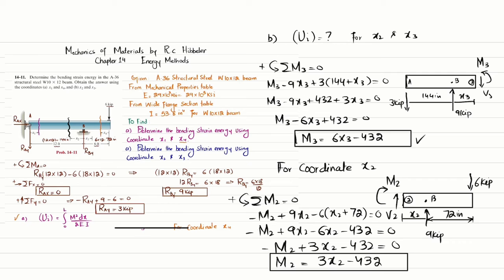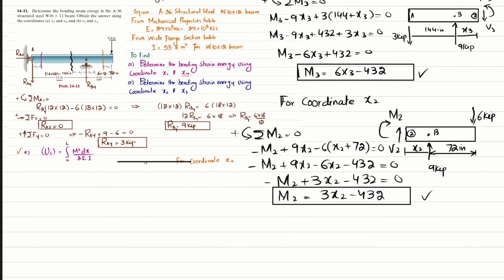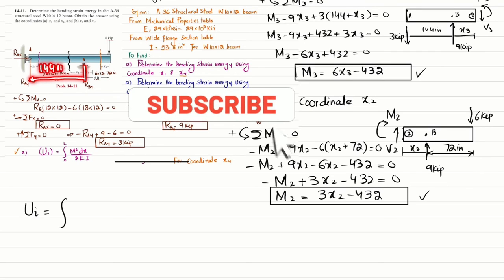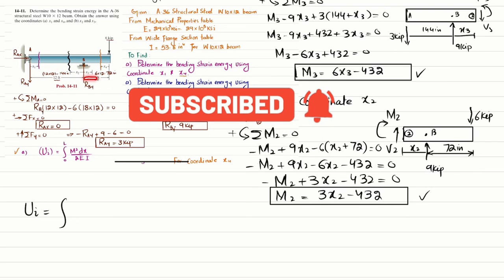Now you have this and this. So what we are going to do, you know that strain energy due to bending moment will be equal to, for coordinate x2, x2 you can see starts from here 0 and till 144 inch. And similarly x3 starts from 0 to 72 inch.